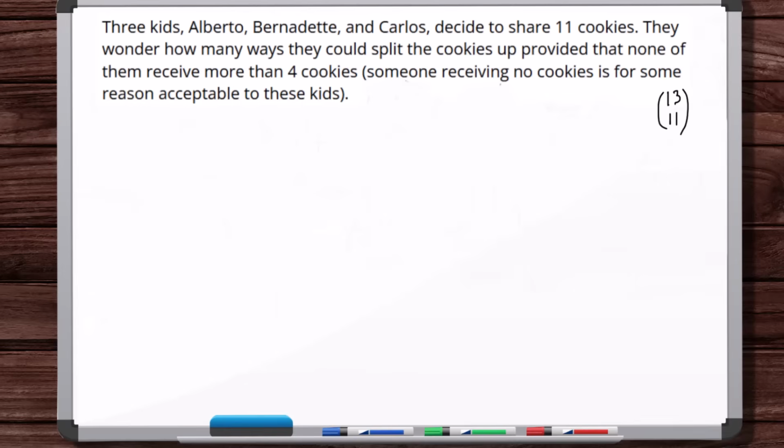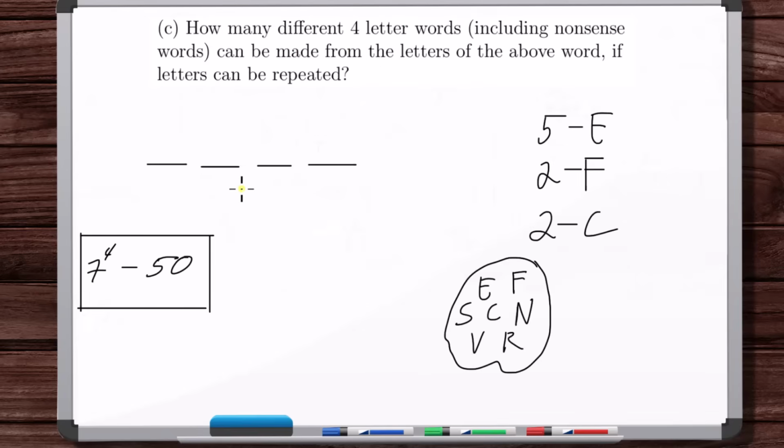Now, just to point out, if we come back to the previous problem, we did have this kind of language in the sense that we started with this 7 to the 4th, right? That was all of the ways you could do it, the permutations with repetition for seven distinct letters. But then we were subtracting out outcomes we didn't want, right? So why didn't we do a Venn diagram here? Well, we could have.